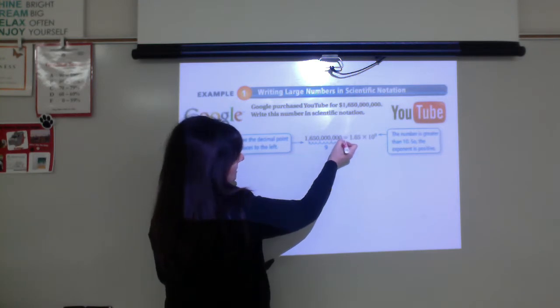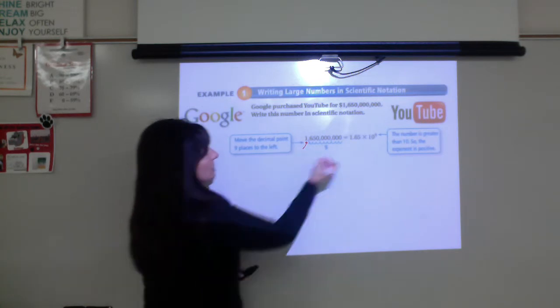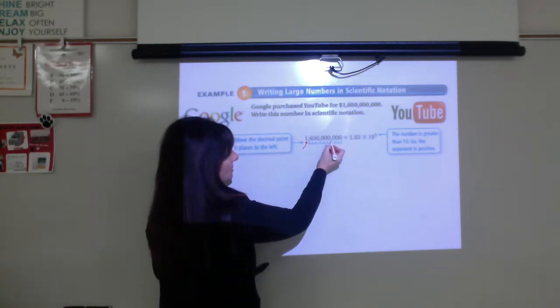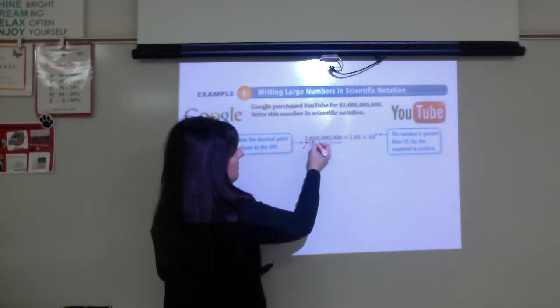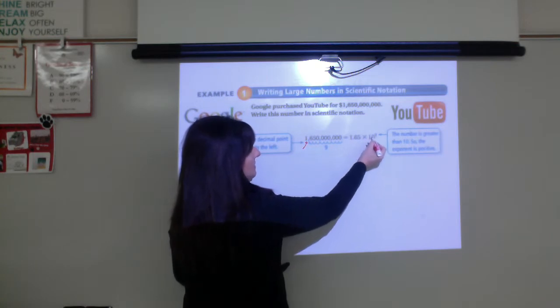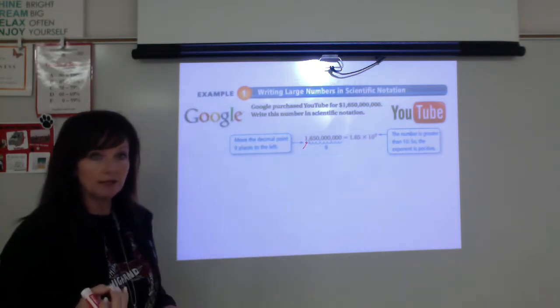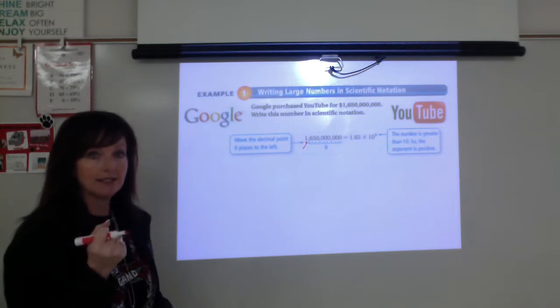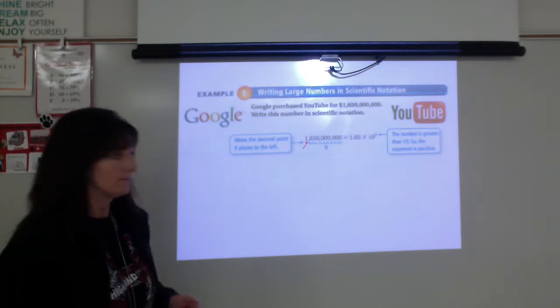And we will move that so that it will be right here to the right of the 1. So you count 1, 2, 3, 4, 5, 6, 7, 8, 9. You keep all of the non-zero numbers, so 1.65. Then times 10 to the n, that integer, the number of places we moved the decimal point, and we moved it 9 places. It's positive because the value of this number is large.